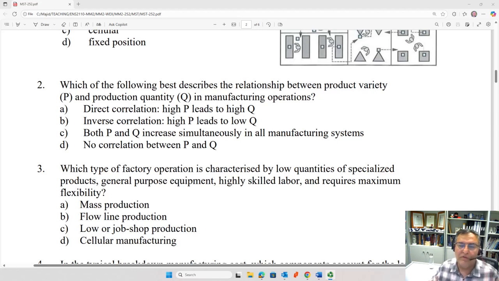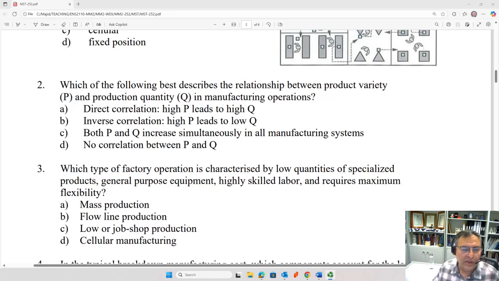In this type of production, we are in need of flexibility and high level of expertise of the labor in order to perform different tasks on different types of production. And when parts come into production, each one of them requires different activities, different types of tooling, and that sort of things.